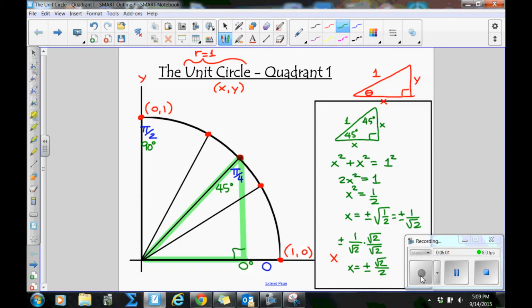In quadrant 1, all of our coordinates are positive. So the x value in the ordered pair for a 45-degree angle is root 2 over 2. And since the other leg is also the same, the y value is root 2 over 2.